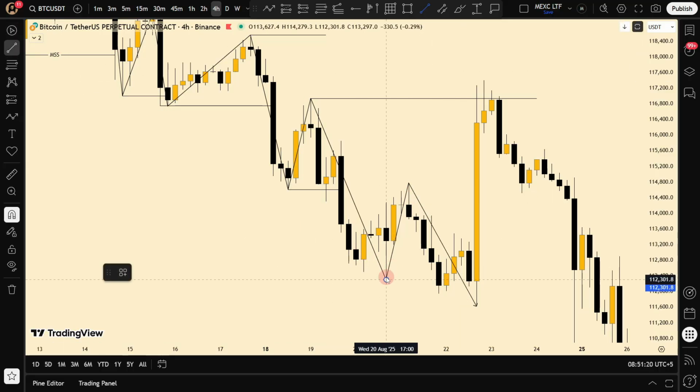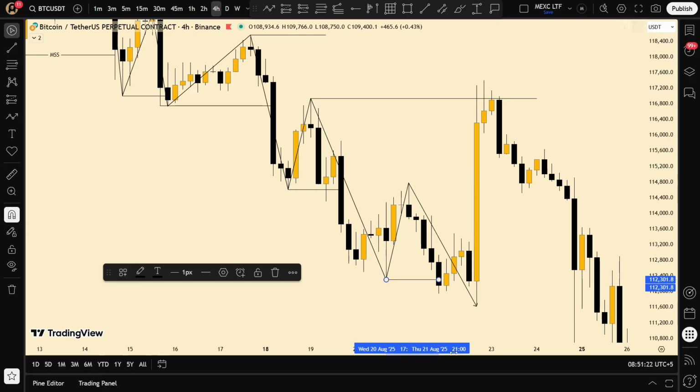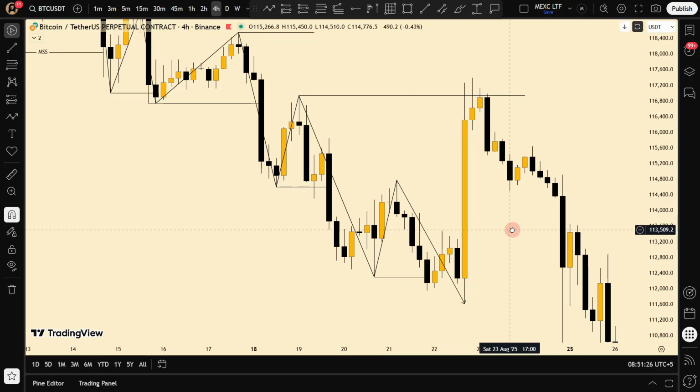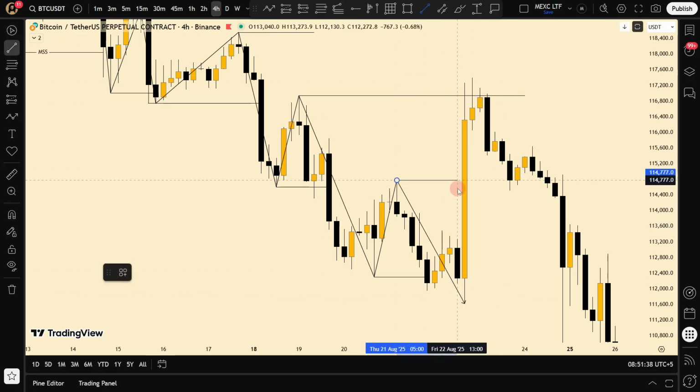And what do we do? We close below this. And then we see this huge candle up. I think it might be news, it might not be, I don't know, but we also see a sort of a candlestick shift over here.